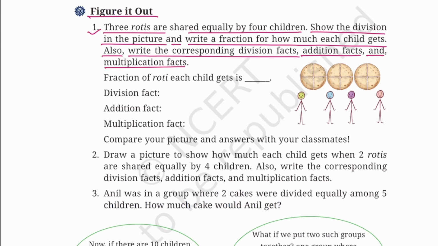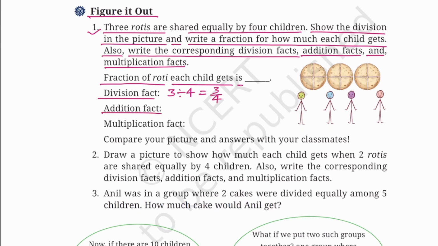You can see 3 rotis are there and they should be shared among 4 children. Fraction of roti each child gets is, using division fact, 3 divided by 4. So, each child will get 3/4.